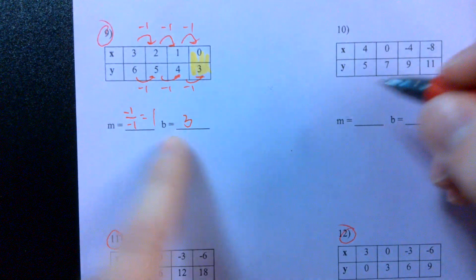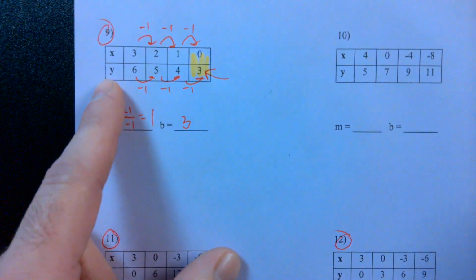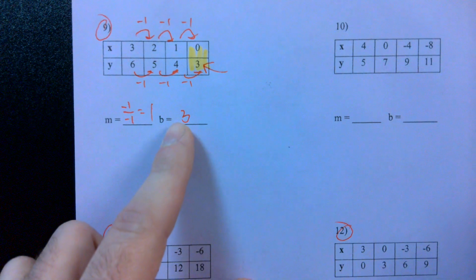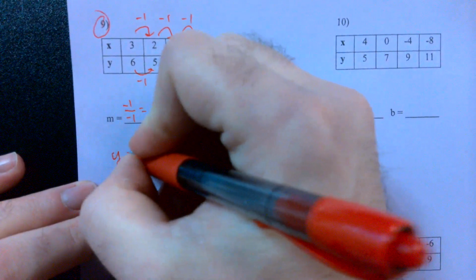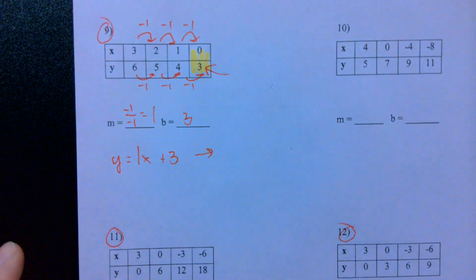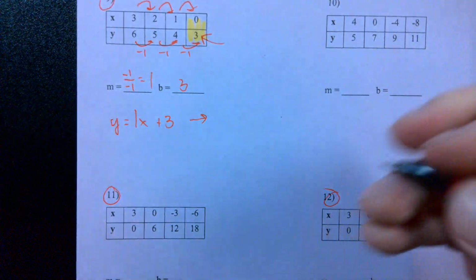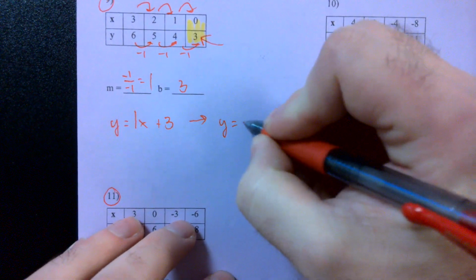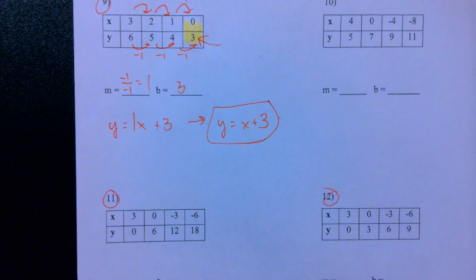It's the y-intercept, so my b value needs to be the y-coordinate for that point, which is 3. Now my m is 1, my b is 3. y is equal to mx plus b. But just like in number 8, how can I clean this equation up a little bit? x plus 3, don't need that 1 in front. y is equal to x plus 3 would be more appropriate.